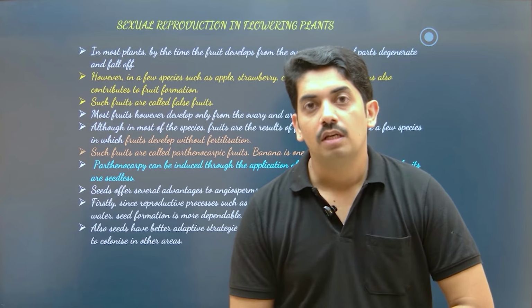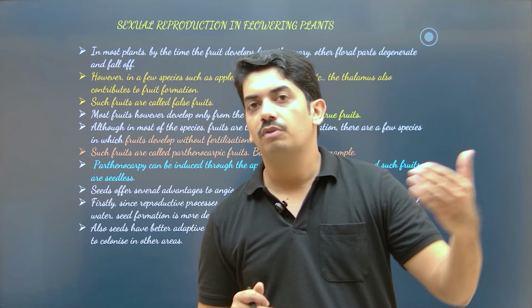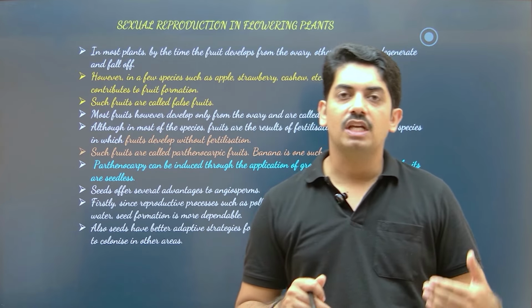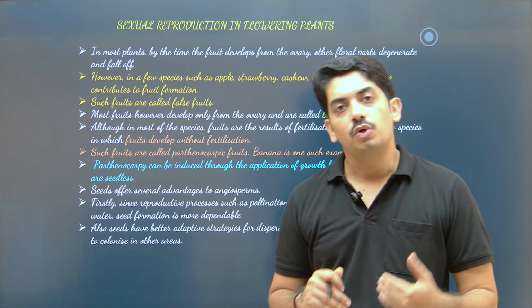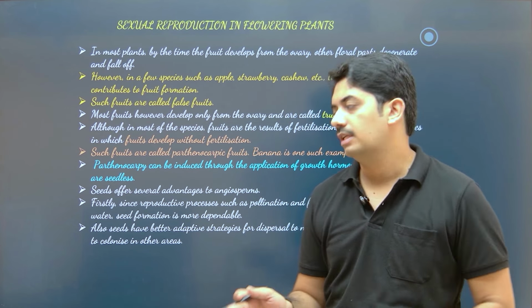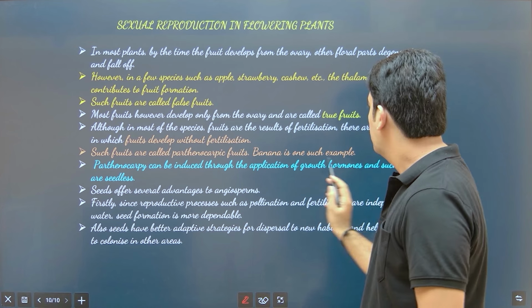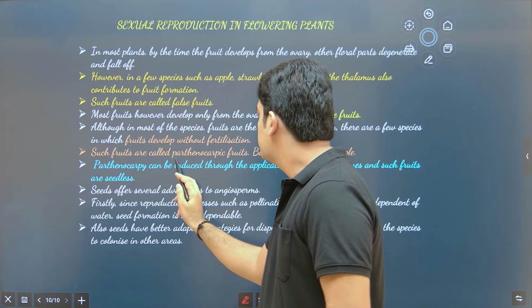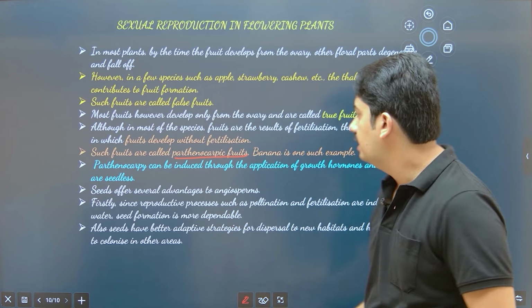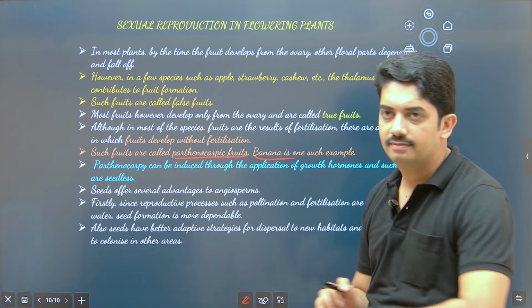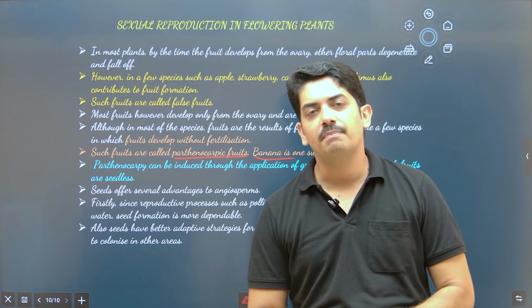Most of the time the fertilized ovary develops into fruit, but there is a chance where fruits are produced without fertilization, and those fruits are called parthenocarpic fruits. In nature you observe one of the best examples, that is banana. Have you seen a banana plant?